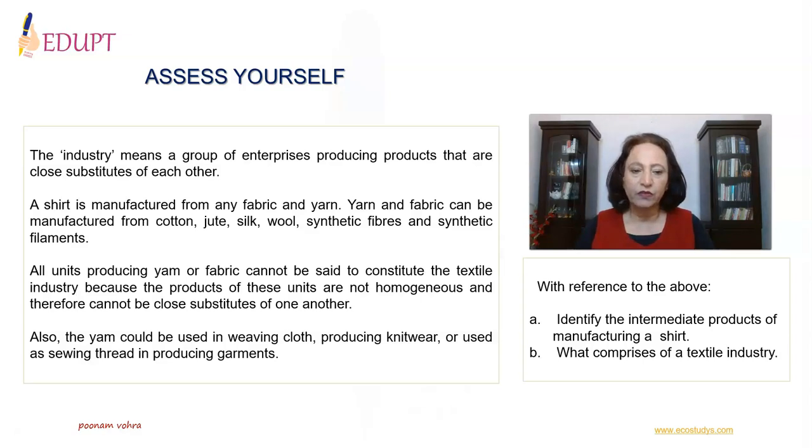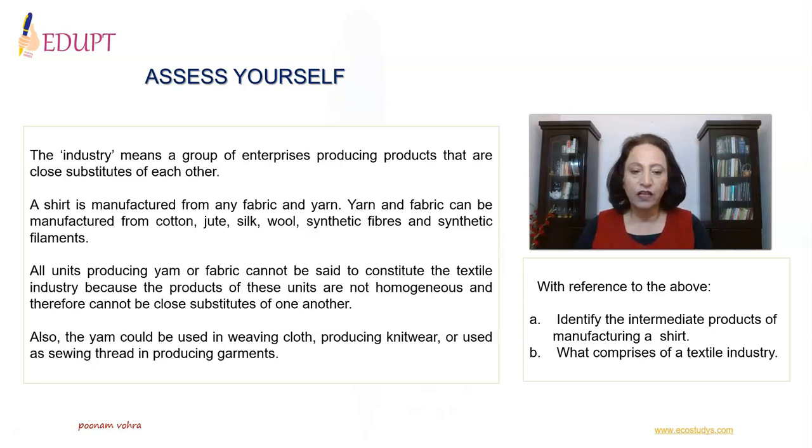All units producing yarn or fabric cannot be said to constitute the textile industry because the products of these units are not homogeneous and therefore cannot be the close substitutes of each other.